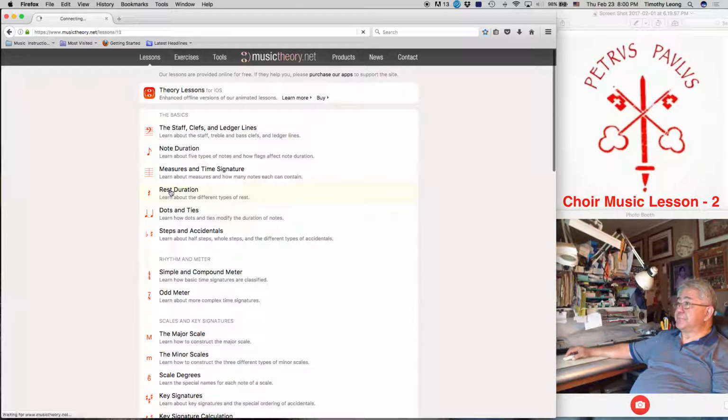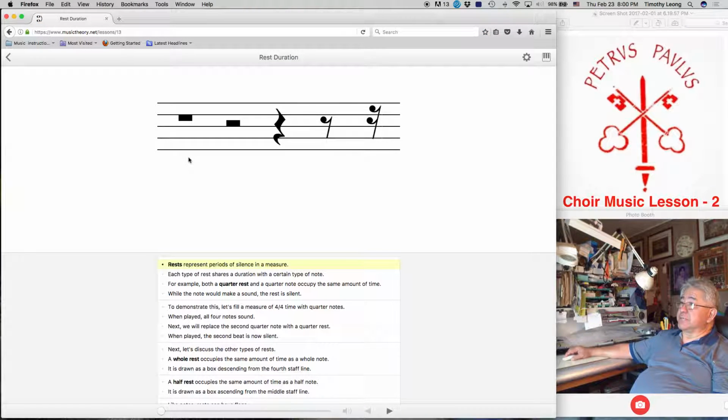Now, restoration is this. That's a whole rest. In other words, the whole bar is a rest. Now, we just got done with a Mass that the last one of the hymns, the last bar, so that's a line here and that's a line here, and the music stopped on this side. And the composer wrote a bar that looked like this.